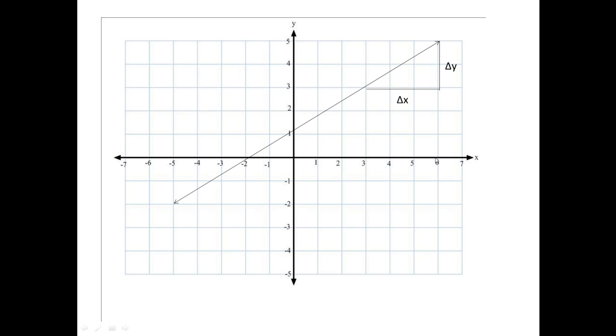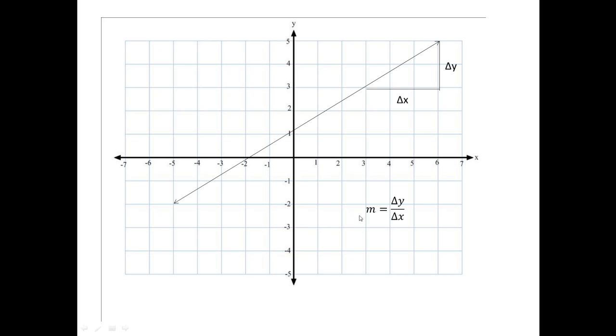Now we can put this in, so we define m to be our gradient. We put y on the top because we're saying this is increasing. We're comparing the increase going upwards to the increase going to the right, and that's our gradient.